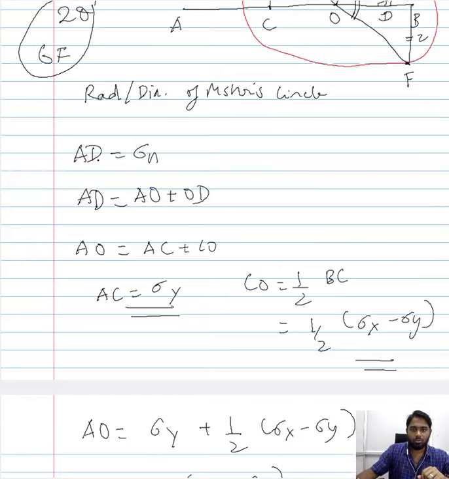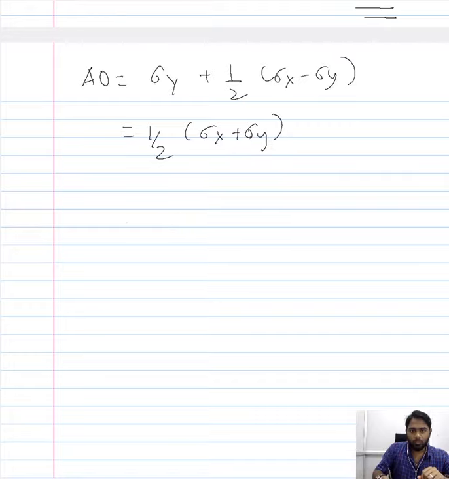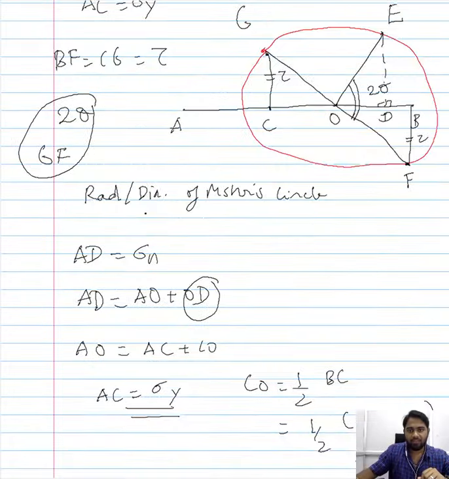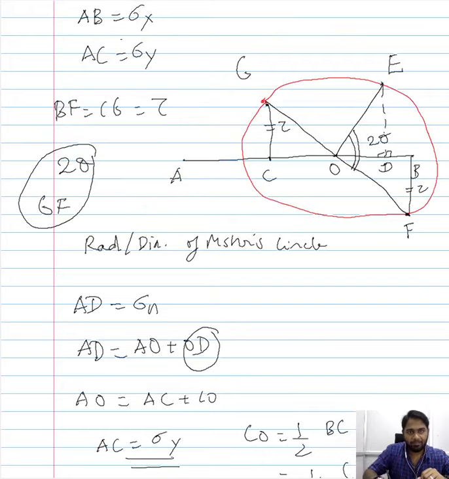Now we want to arrive at an expression for OD. In order to do so, let us define an angle alpha. Let us use another color maybe.